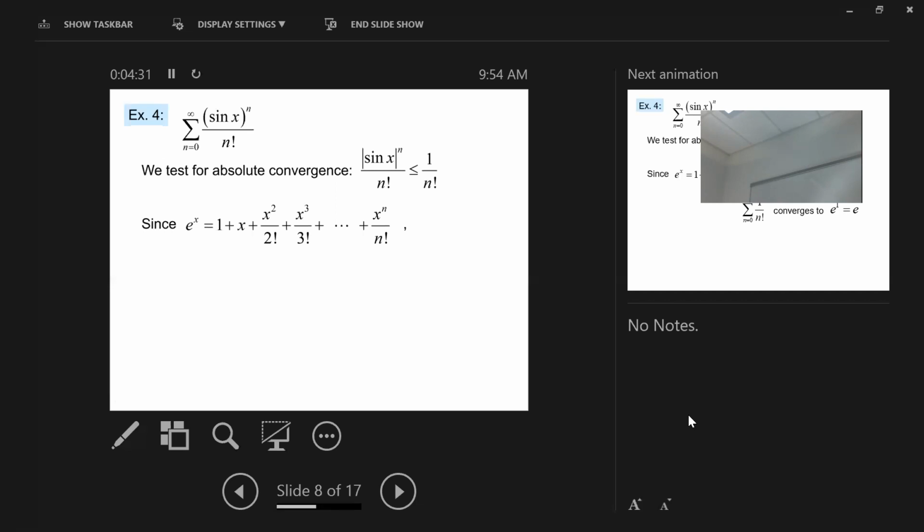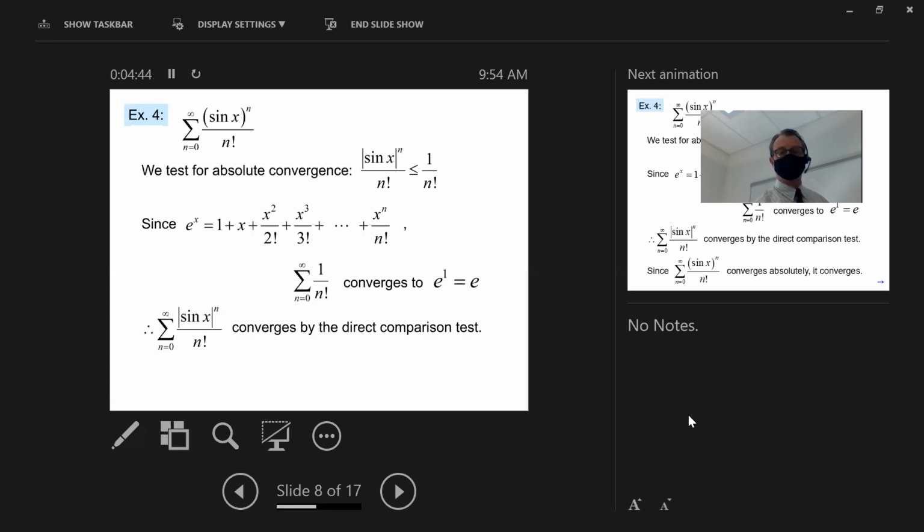So we compare it to e to the x. What do you got? Converges to e. So therefore, the question converges, not to e, but it converges.